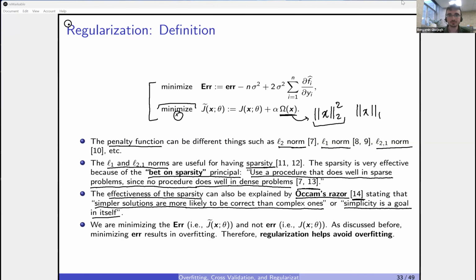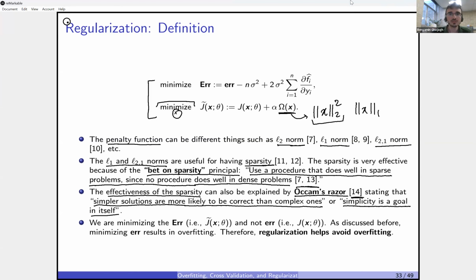Now, according to Occam's razor, sparse solutions are better because they're simpler, right? What do I mean by sparse, by the way? When a vector or matrix is sparse, it means that most of its elements are zero, and it has only a few non-zero elements. It's like a jungle which has a few trees in it, and most of it is a desert.